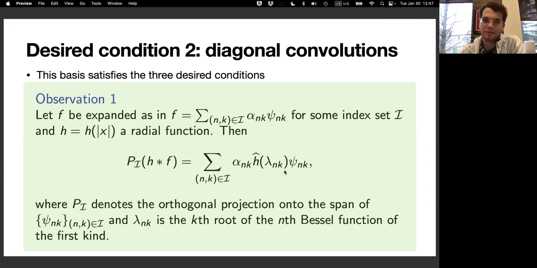It's not obvious why this should be the case, but it turns out to be true that you take the Fourier transform of h and evaluate it at these magical points lambda and k, again the kth root of the nth Bessel function. I don't want to actually prove it, but if you believe it, you can see that this radial convolution becomes a diagonal operation, because we just take each basis function and multiply it by some number.